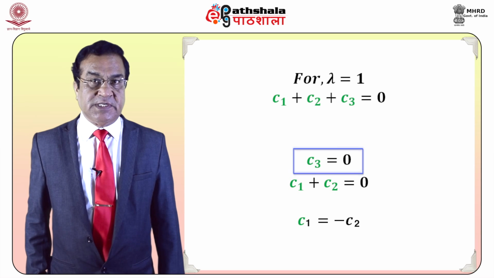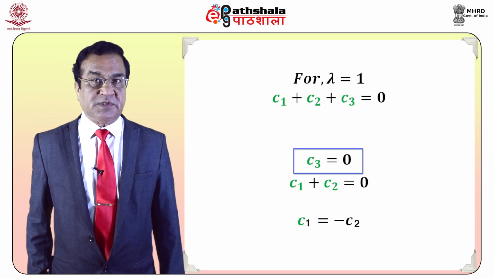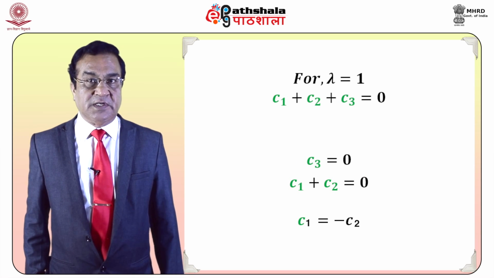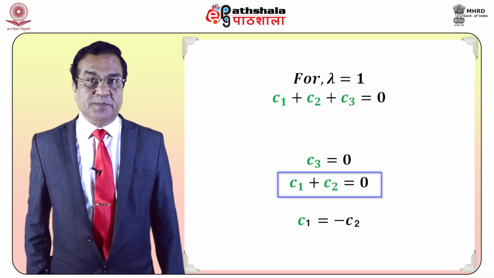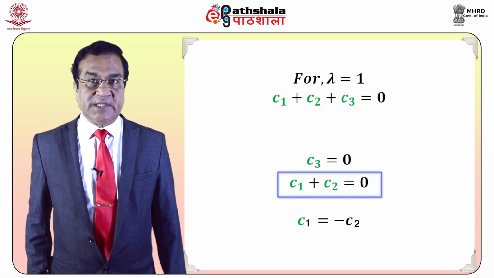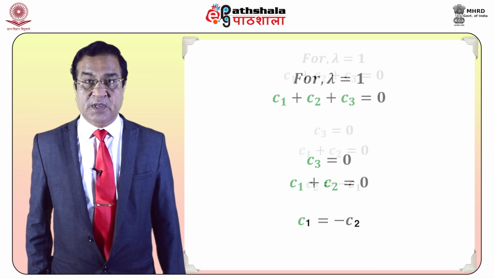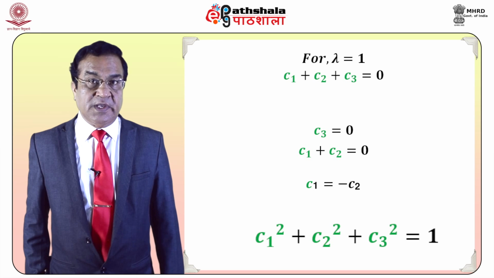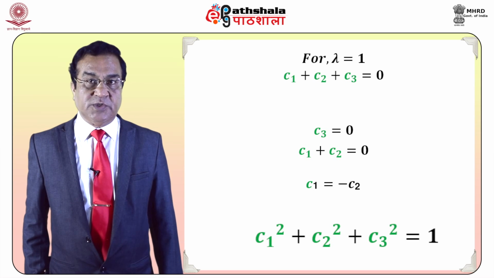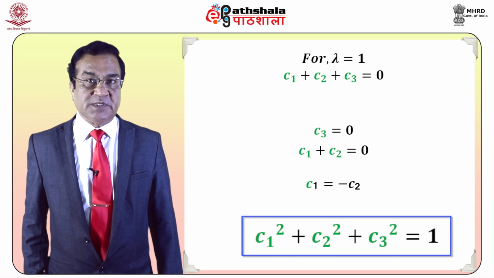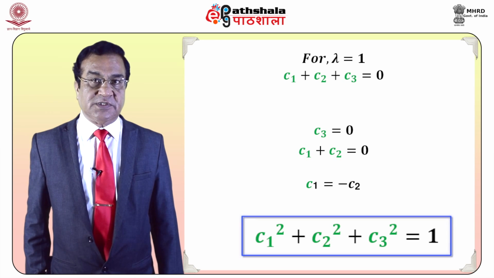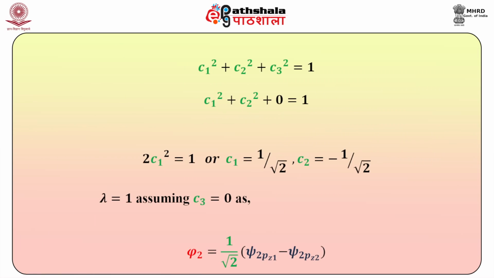After putting C3 equal to 0, each of the secular equations becomes C1 plus C2 is equal to 0, and that means C1 is equal to minus C2. And then there is also the normalization condition, according to which C1 square plus C2 square plus C3 square is equal to 1. If we put C3 equal to 0, it becomes C1 square plus C2 square is equal to 1.